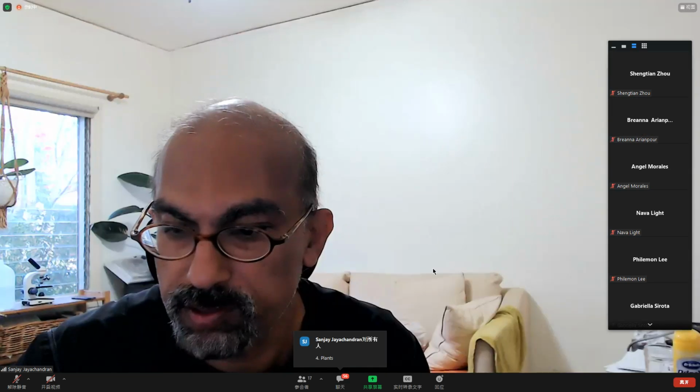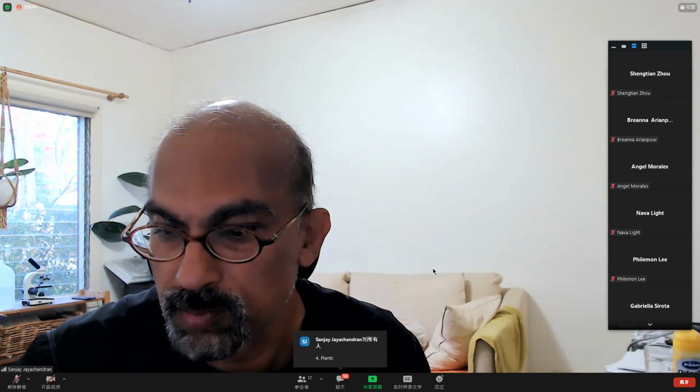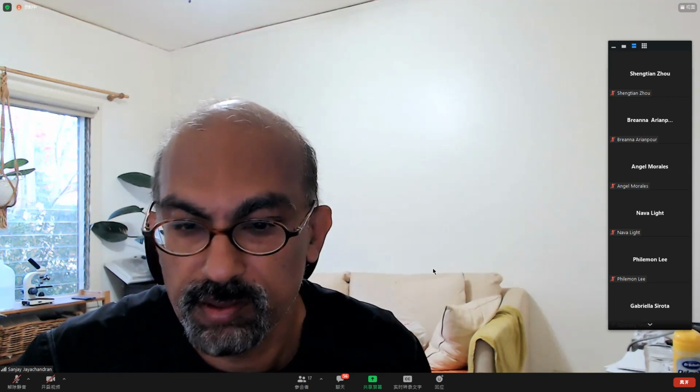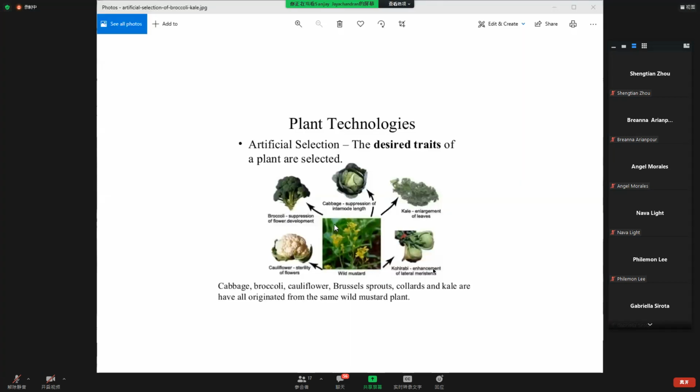So if you look at the common wild mustard plant, which grows in the Central America, Mexico region here, this one gave rise to all the plants you're aware of today: kale, Brussels sprouts, cabbage, cauliflower, broccoli. They all came from this wild mustard plant, domesticated over several thousand years, not too long.